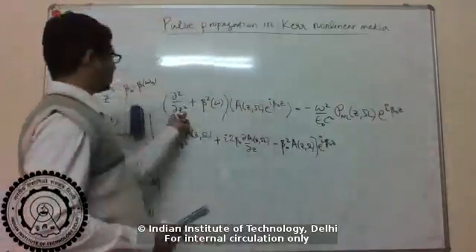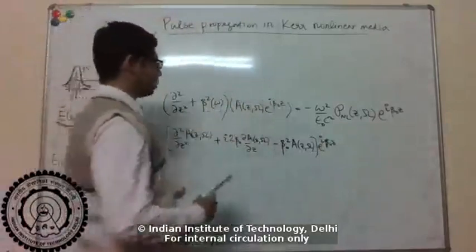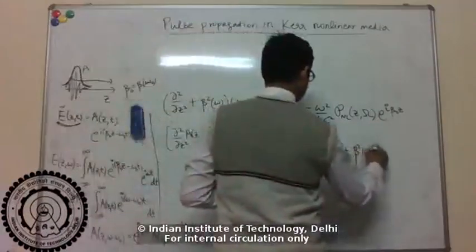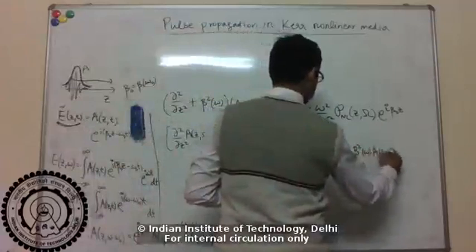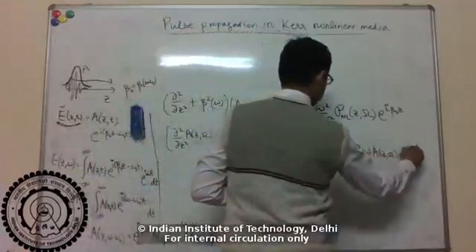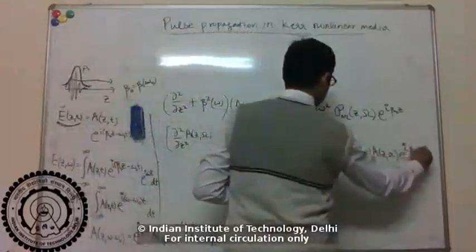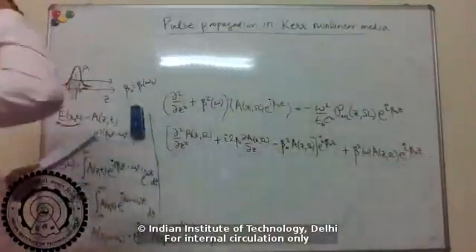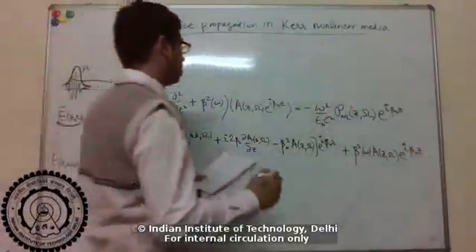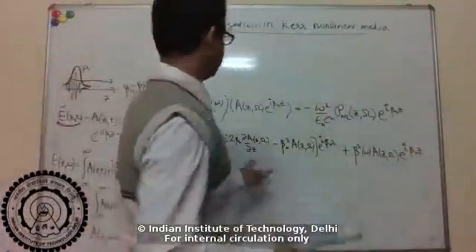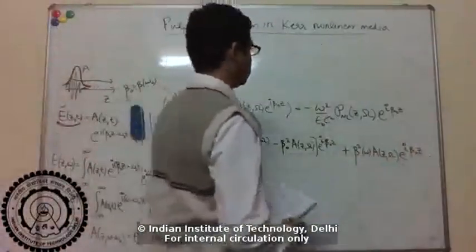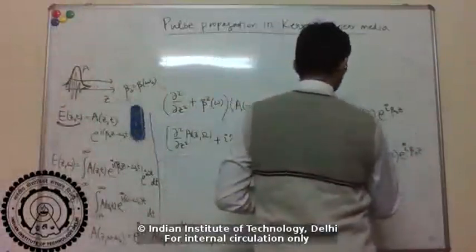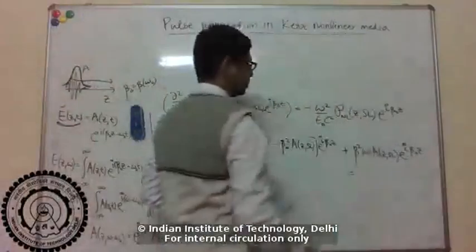Right, so that's from the first term here, and then we have a plus beta squared. So this is my left hand side now, and the right hand side remains that.